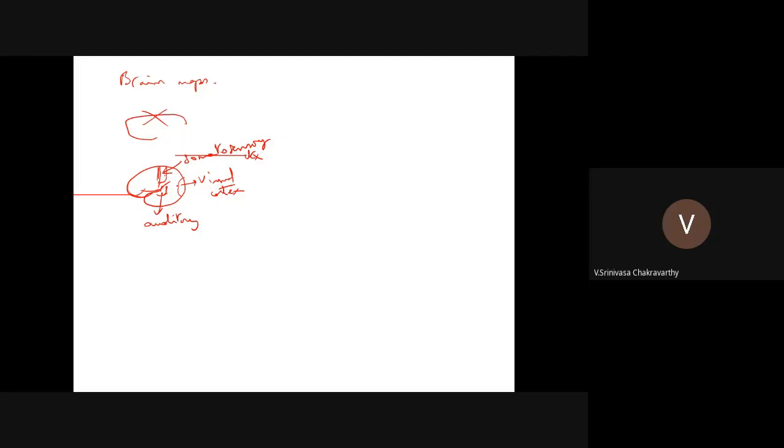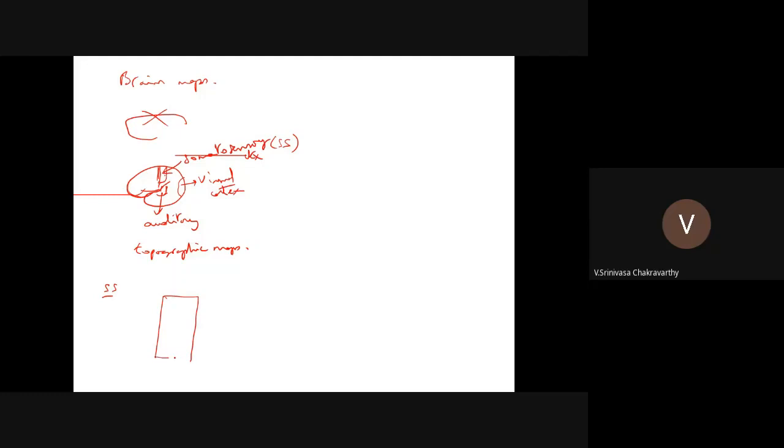These are called topographic maps. Why are they called topographic maps? Let me explain. Take, for example, this somatosensory cortex. I'll just say SS. If you look at the map, let's say it looks like this.